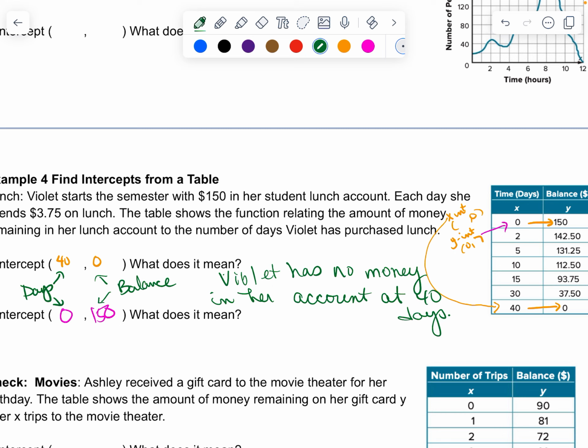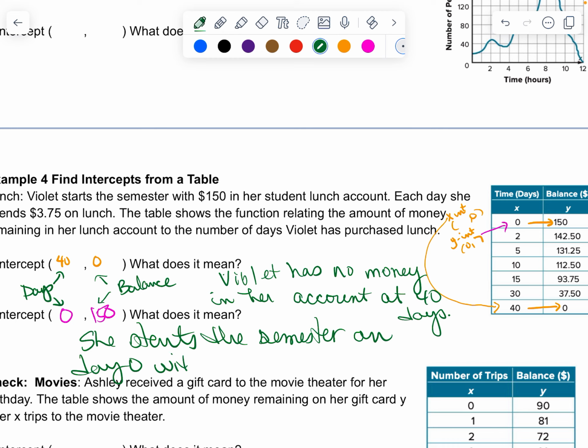Okay? Then this one. She starts the semester on day 0 with $150 in her account.